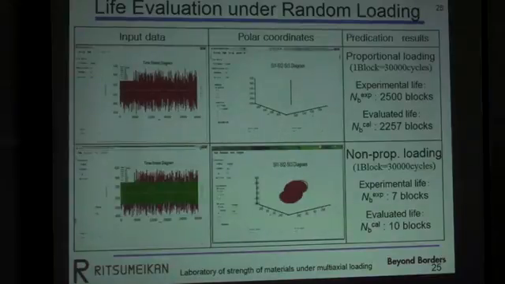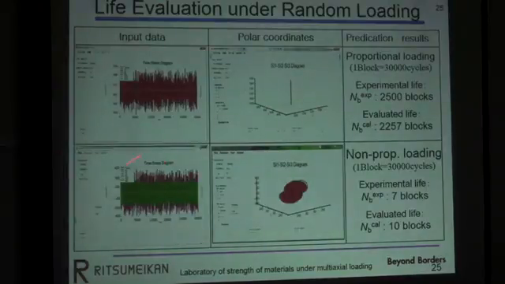This is the final picture, an example of the calculation. This is the experimental data from low carbon steel, maybe SS400, I don't remember. This is one example. We calculated the polar figure from this waveform. As you see, this is a straight line, no width, so this is proportional loading.